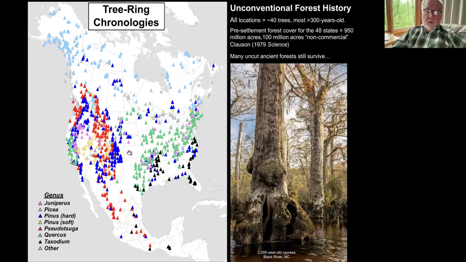You can barely call them trees, but they're junipers growing on the limestone bluffs above the Smoky Hill. And in all of these other locations, there's usually at least 40 trees, core samples from at least 40 trees. Most of the trees are over 300 years old, and so there's 300-year-old trees.